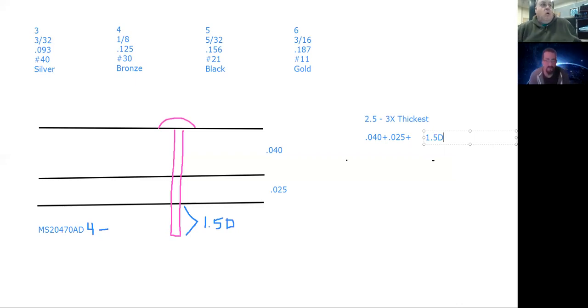Right. Now, the diameter of our rivet is what? We're running 4, so 4 thirty-seconds. What is 1.5 times 4 thirty-seconds? Let me do it on the calculator here.